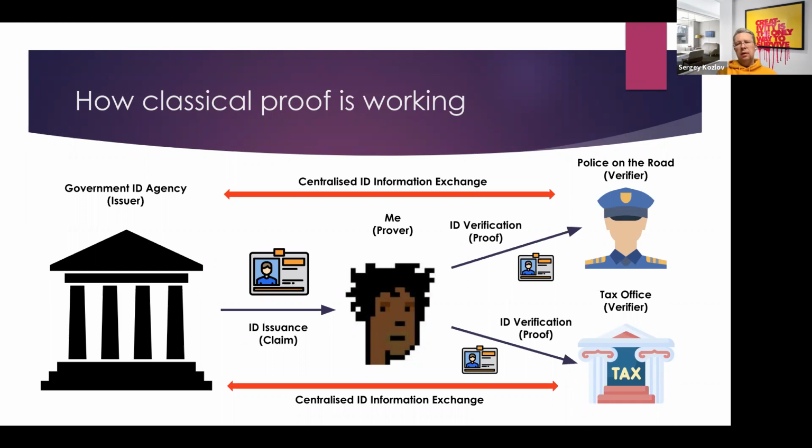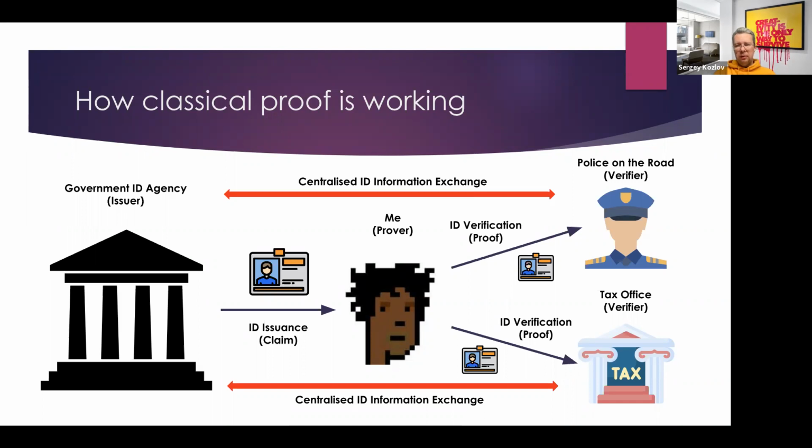Police looks at it and sees my name, the date when it was issued, my photo, everything about me. The police may also check if my ID is real, if it's not faked. There is an exchange between the database of the government ID agency and the police. After reading the serial number of this driver license, the policeman will understand that yes, it's a real driver license, and then something happens with me.